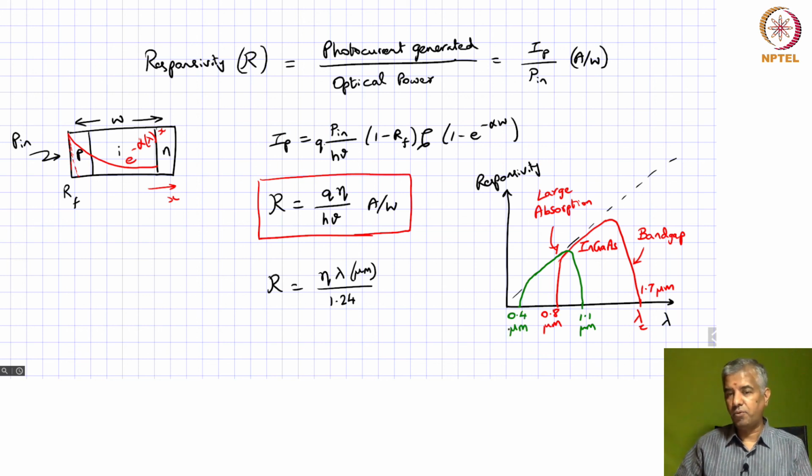Okay. Of course, if you have applications where you need to go into the UV region, you tend to have what is called a UV enhanced silicon photodiode, and in that case the entire structure is made very thin.